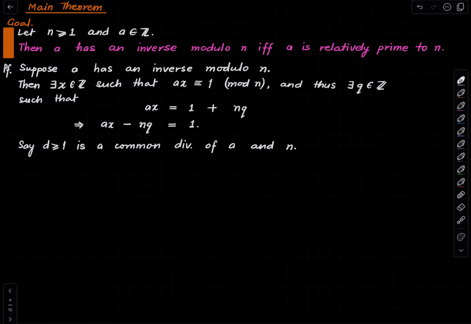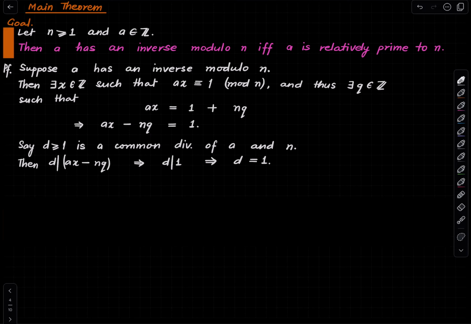Since d is a common divisor of a and n, it divides the LHS, and hence it divides the RHS, which means d is equal to 1 since d is positive. So that proves this direction.